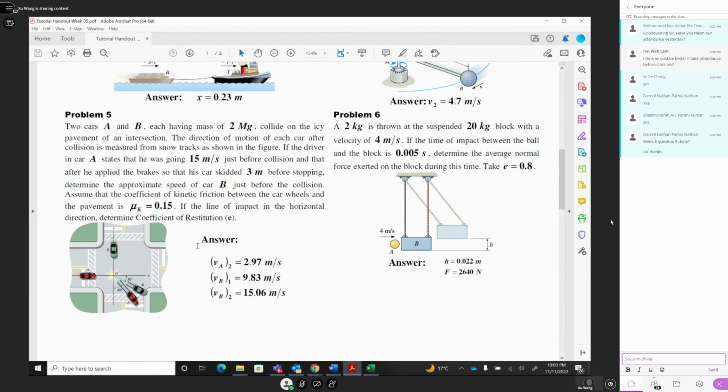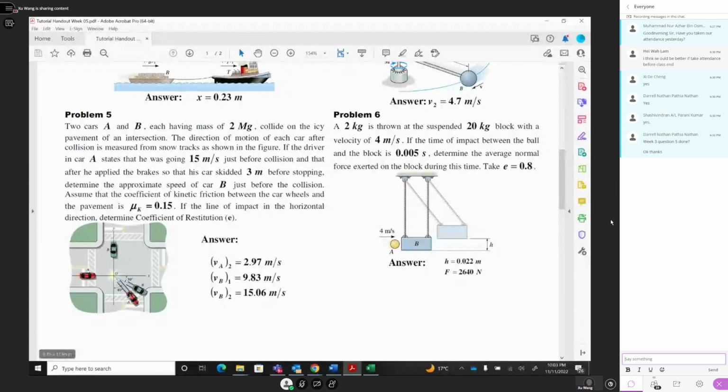So car A is driving at a constant speed of 15 meters per second horizontally, and B is driving from top to bottom. We don't know this speed; we have to find it. They crash at this point. After the crash, car A moves in this direction at 40 degrees, and car B moves at 30 degrees in this direction.